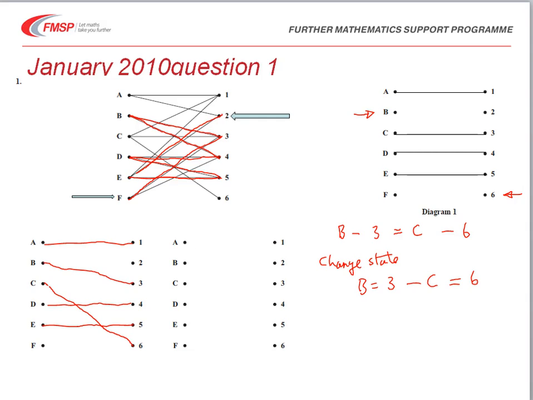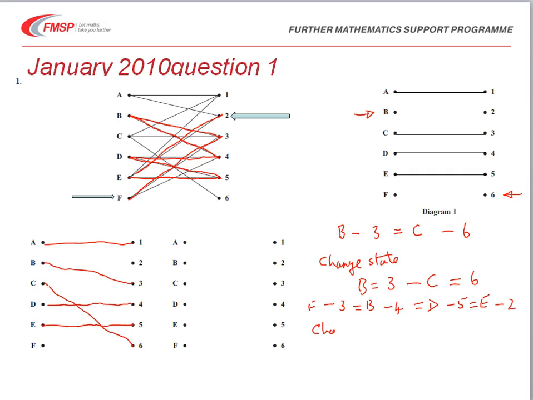So writing that down, it was F, 3, B, 4, D, 5, E, 2.